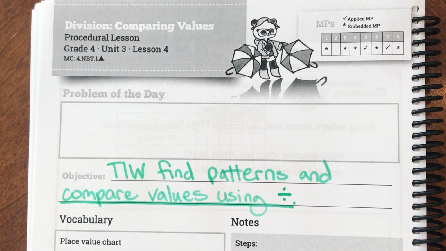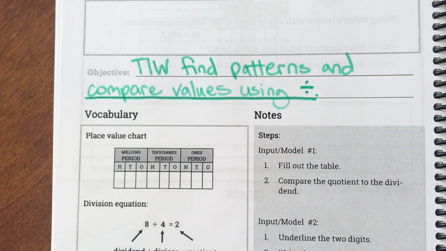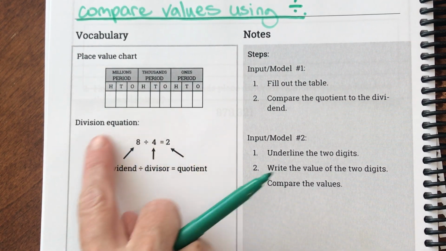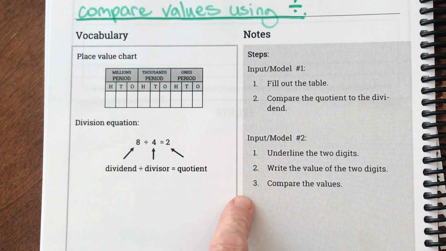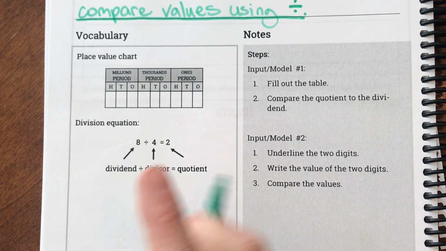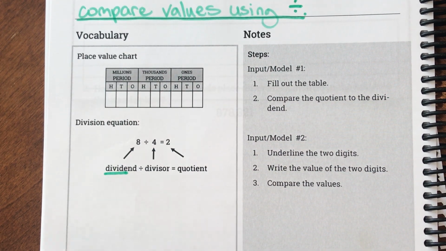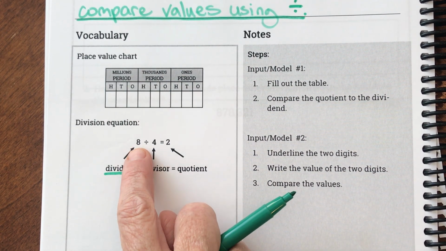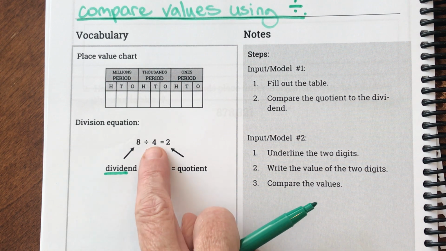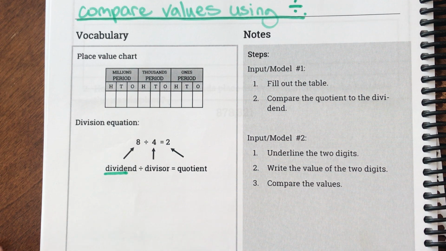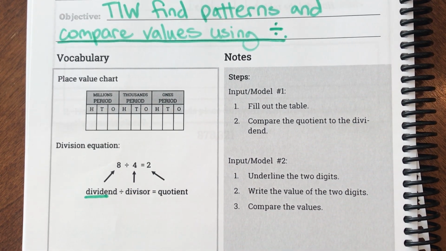Okay, so let's look at our vocabulary. We're given our place value chart, and then they're reminding us about our 3 new division vocab words. So we have a dividend, remember, and I said the dividend has the word divide in it. So the dividend is the number you divide. We divide it by the divisor, and our answer is our quotient. Okay, we're going to do 2 different types of problems today.